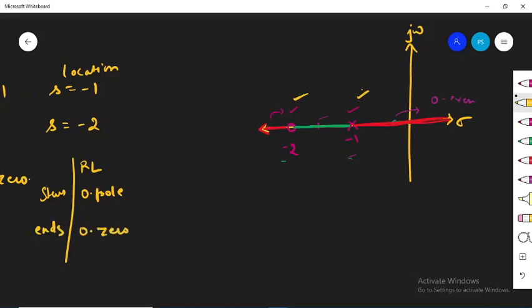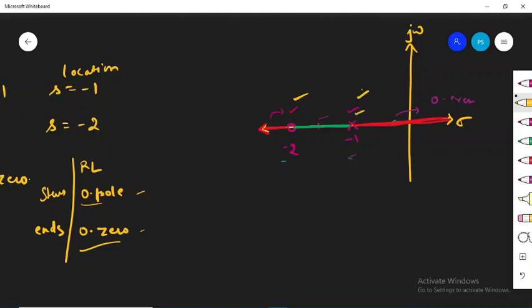It will end at infinity only if the number of poles and the number of zeros are different. So it will start at the open loop pole and end at the open loop zero. By applying the rules that we have already seen, here no asymptote will lie.